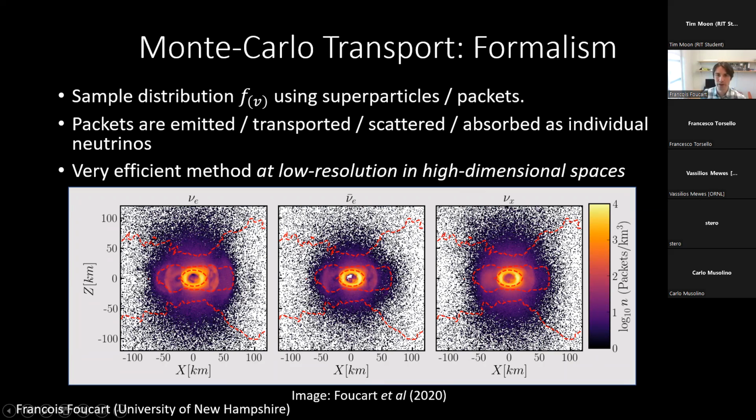And this is the case for all three species of neutrinos included in your simulation, which are the three plots that you can see here. So this very efficiently uses your computational resources for a problem that's very inhomogeneous, where most of the neutrinos are in a very narrow region of parameter space, and you need to resolve that efficiently.